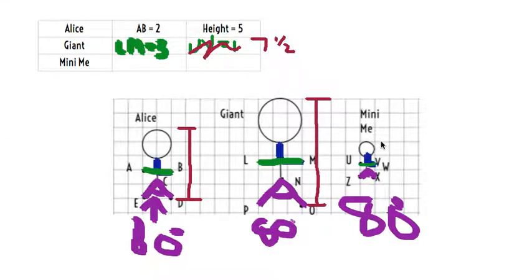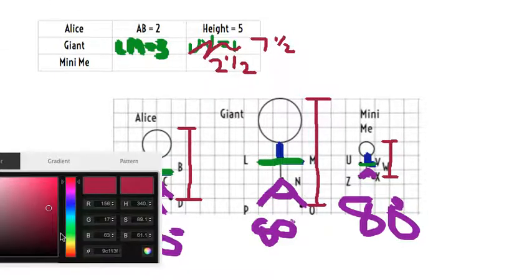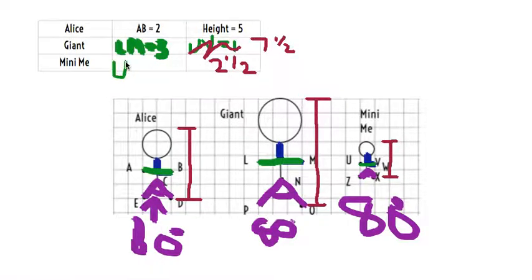The height for the Mini-Me would be 1, 2, also doesn't come all the way down. Height for the Mini-Me would be 2.5. And to just get in what we were missing there, that UV, like we said, would be 1.